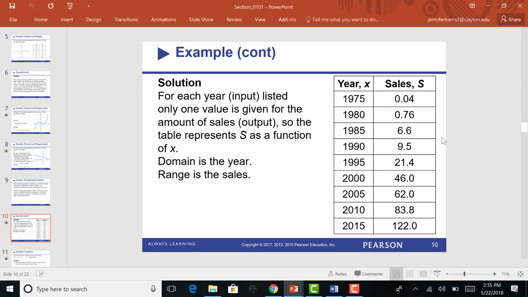All righty. How can I write my domain in inequality notation, based upon the chart that's on the board? I want you to tell me how to write my domain. I want my domain in inequality. You already see the domain. Tell me how to write it.